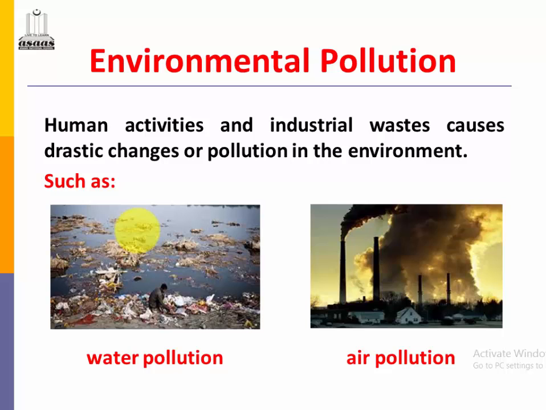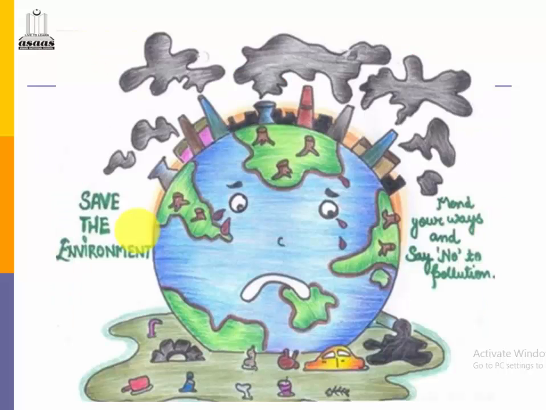Water pollution occurs when pollutants are discharged or thrown directly or indirectly into water channels without proper treatment to remove harmful compounds. Here is a picture of a sick earth, which is begging us to save the environment, change our ways of living, and say no to pollution.